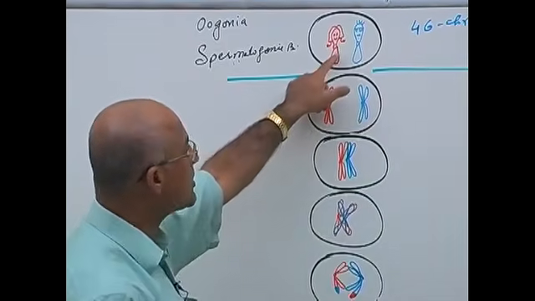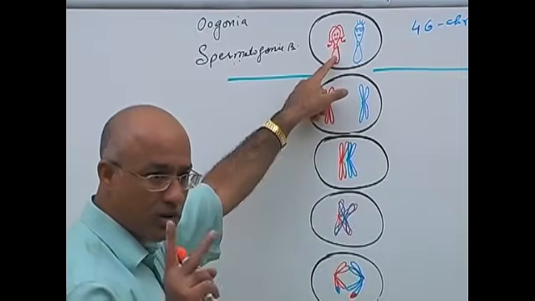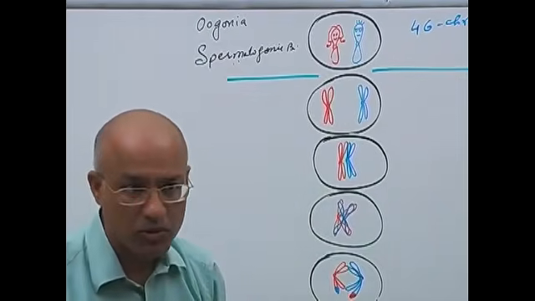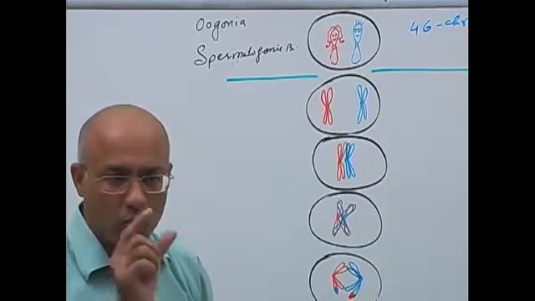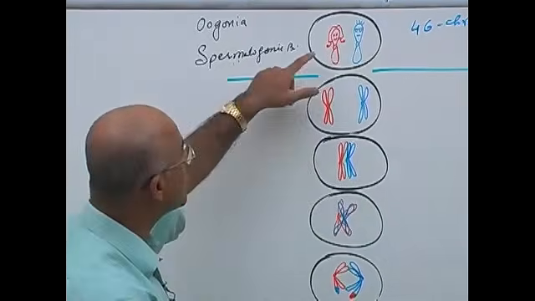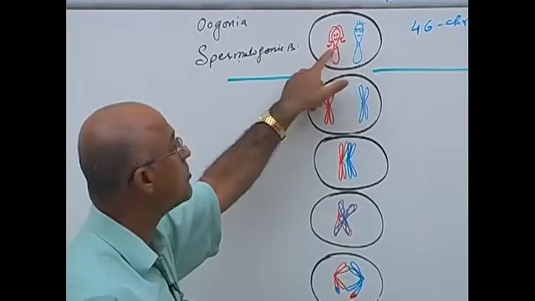Now, if you look at the genetic material, remember when we are talking about cell division, we have to talk about the number of chromosomes and the amount of DNA in a given cell. Here the number of chromosomes should be measured by the number of centromeres.